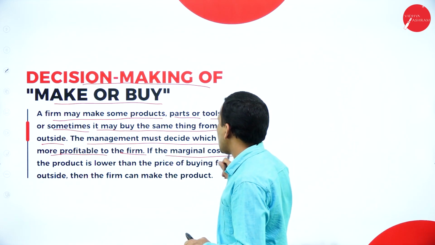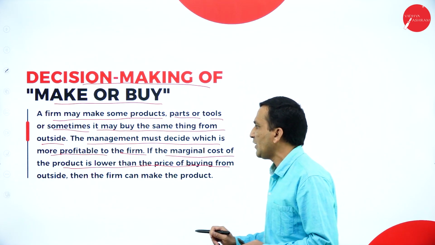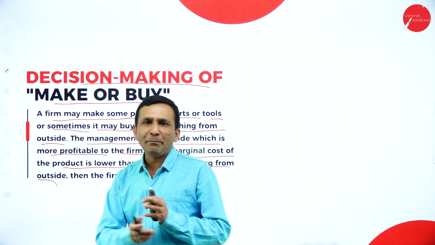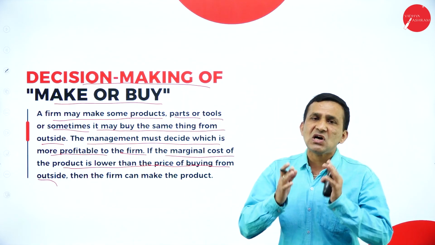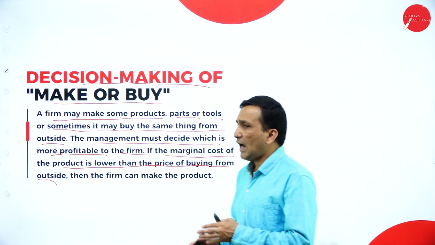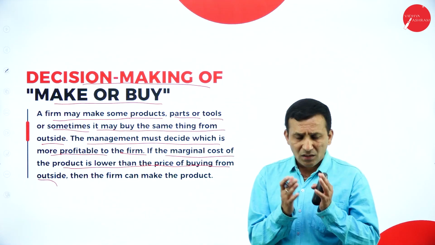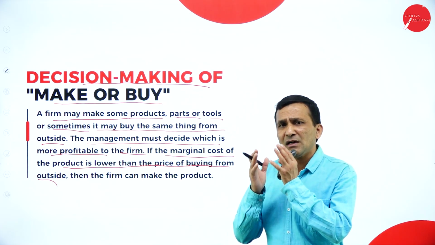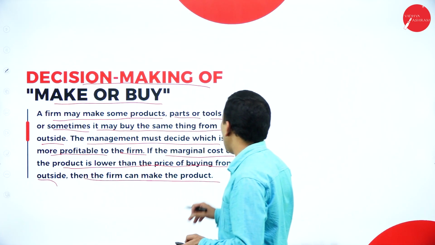If the marginal cost of the product is lower than the price of buying from the outside, then after preparing a marginal cost statement we will know what cost we incurred. You prepare the marginal cost statement just to compare with the market price, and then the firm can make the product.